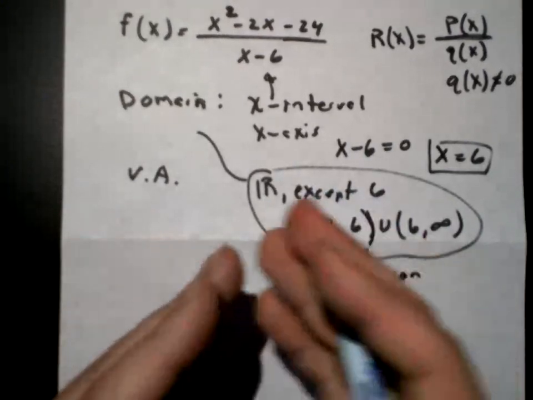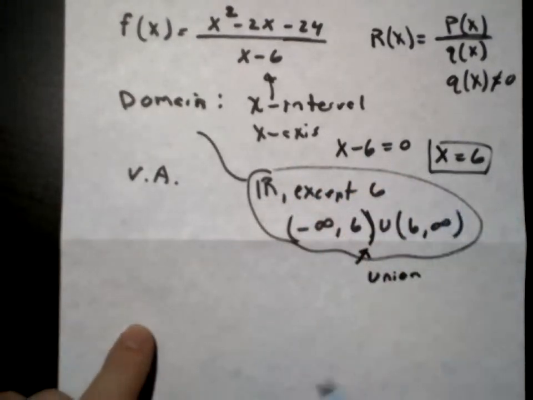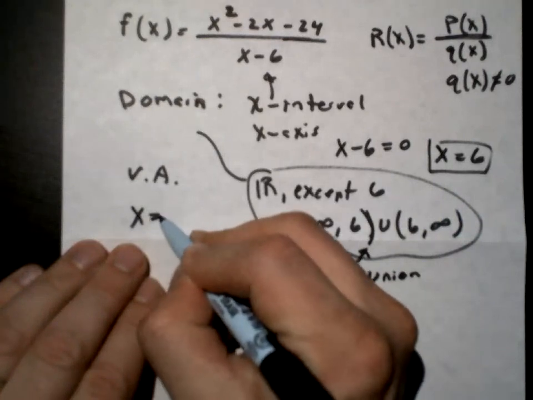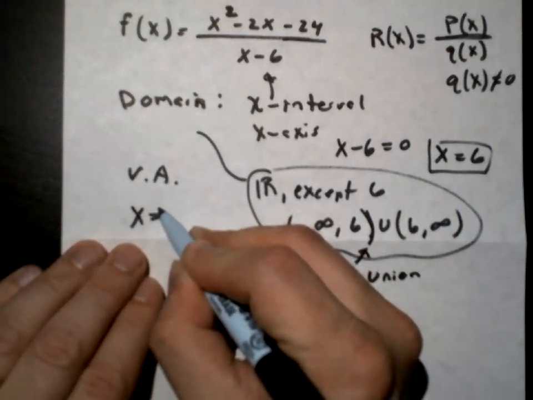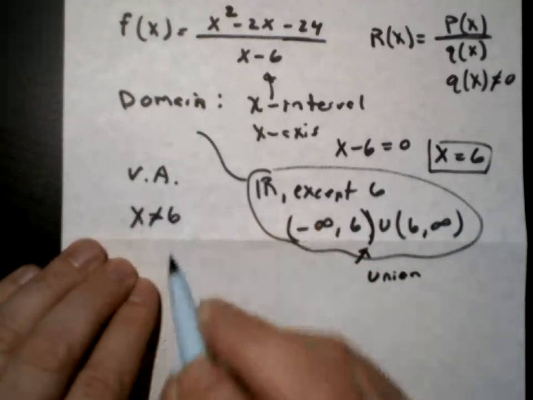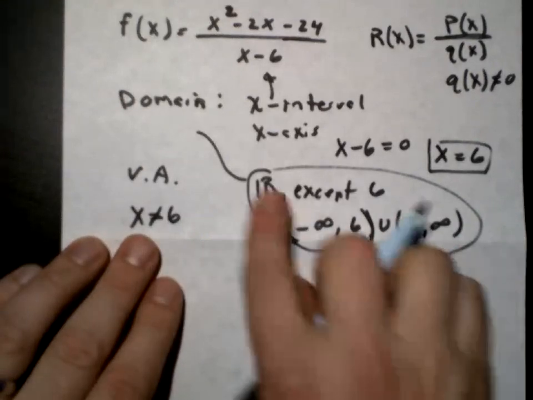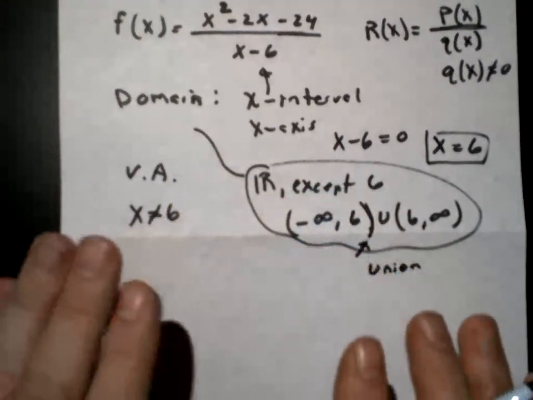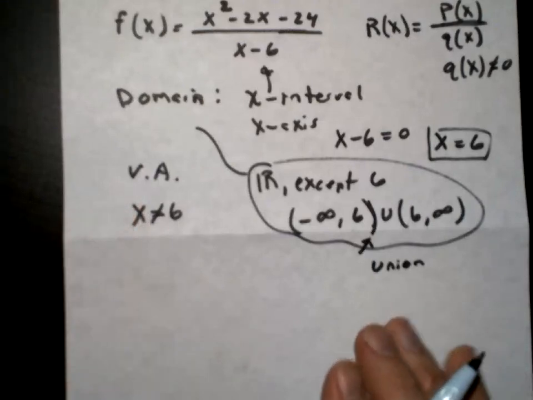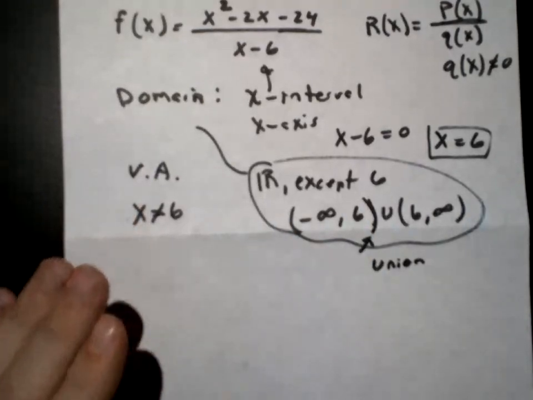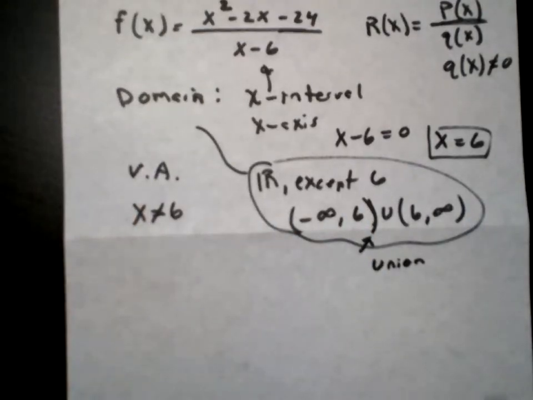Okay, so now we're looking at the vertical asymptotes. And the vertical asymptotes are pretty much the same thing here. The vertical asymptote is that, hey, I can't let our thing be 6. So domain and vertical asymptotes are very close on this problem. And is that a coincidence? It could be on this one. Does it always happen?